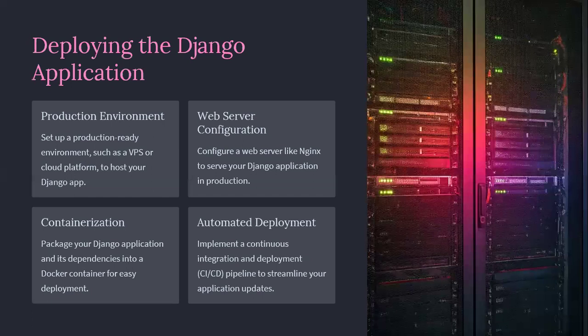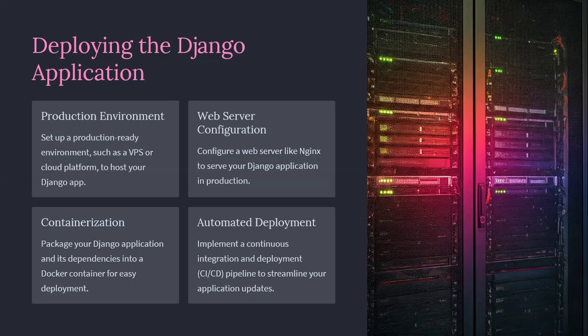Then the final stage is deploying the Django application. The first thing is production environment. So we set up a production-ready environment such as a VPS or cloud platform to host your Django app. But so far we are mostly going to be using the server that's being generated locally.